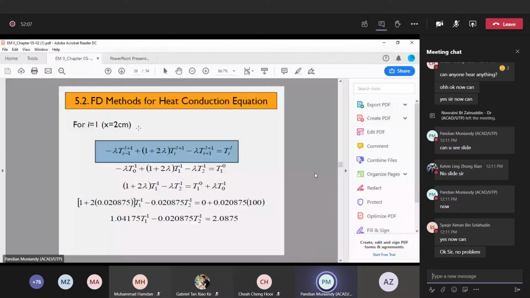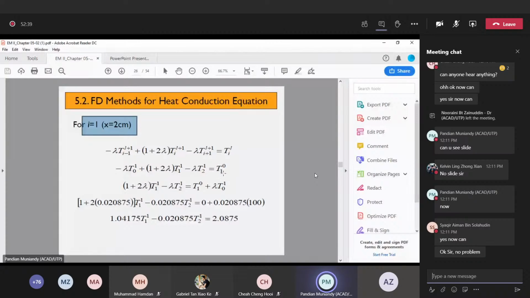So you write down here, L is 0. So you start with i equals 1. i equals 1 means at x of 2 cm. So i cannot be 0 because inside the formula, i must start with 1. So 1 minus 1 is 0. So T subscript 1, superscript 0, minus lambda, plus 1 plus 2 lambda, T superscript L plus 1 which is 1, subscript i which is 1, minus lambda, T superscript L which is 0 plus 1 which is 1, subscript 1 plus 1 which is 2, equals T superscript 0, subscript 1.